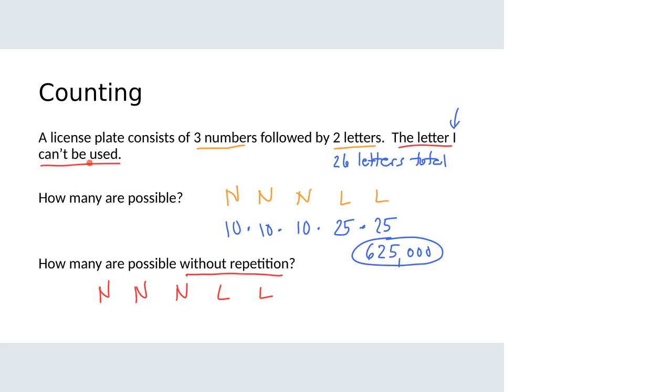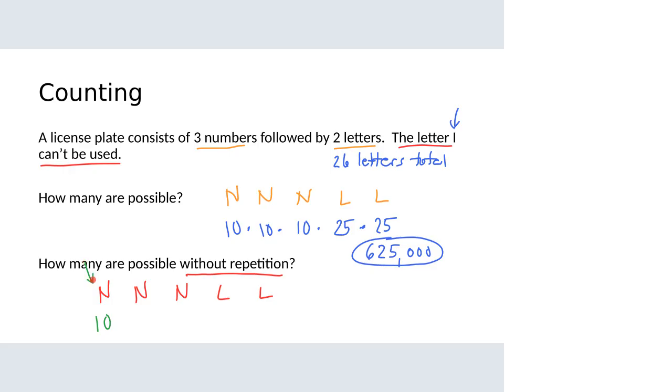The letter I can't be used. So we've got to keep all this in mind when we go write down the possibilities for each space before we multiply them together. I have all the numbers possible here. So that works. And now let's see. I'm going to use another number here. I've used a number in that spot.